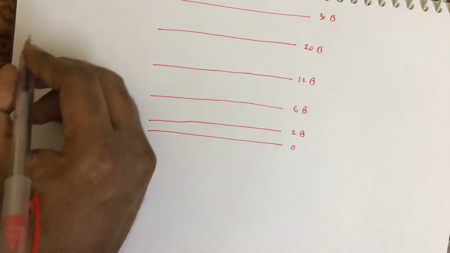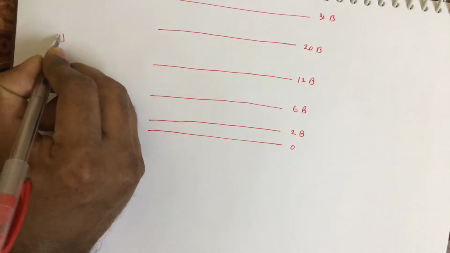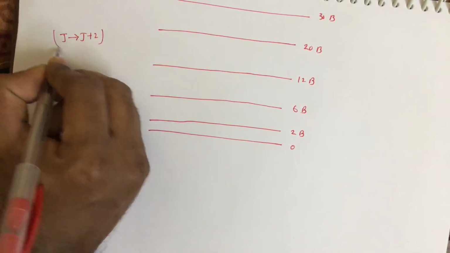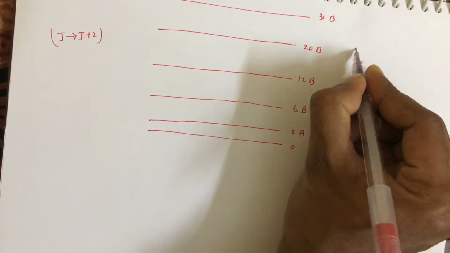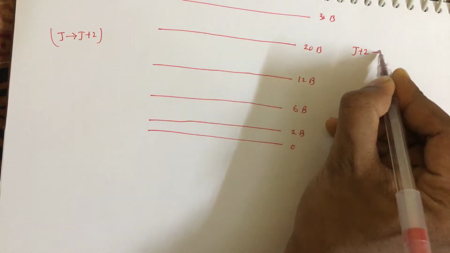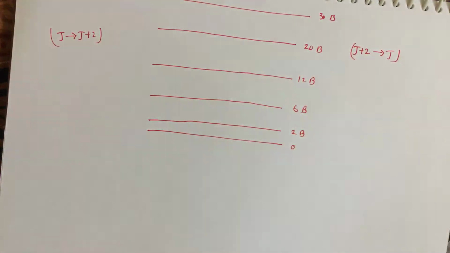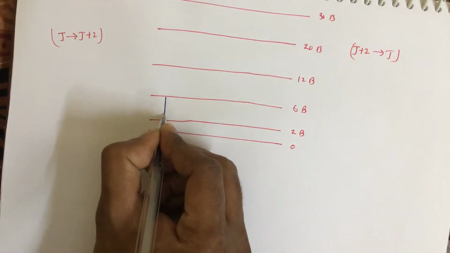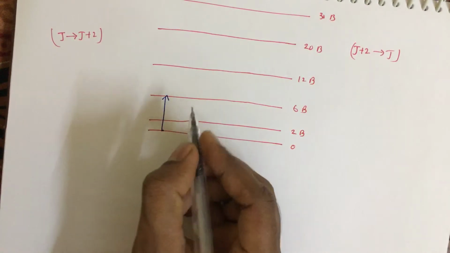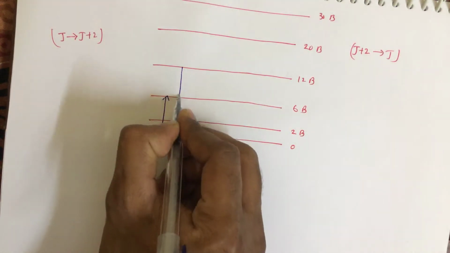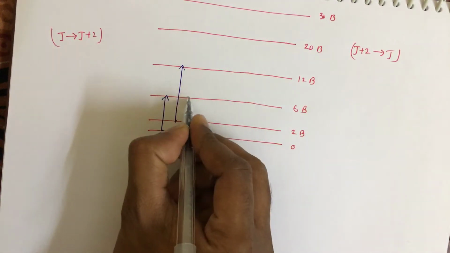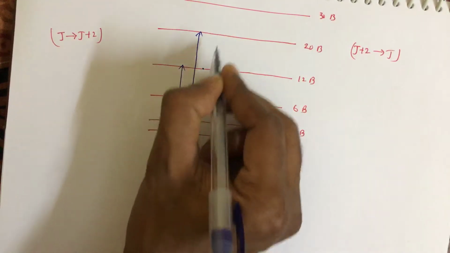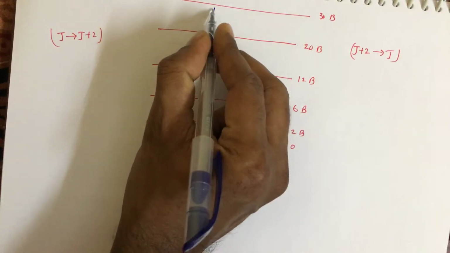We know that Stokes lines means the transition takes place from J to J plus 2, and anti-Stokes means the transition takes place from J plus 2 to J. Now here the transition is from 0 to 6, then 2 to 12, then 6 to 20, then 12 to 30.